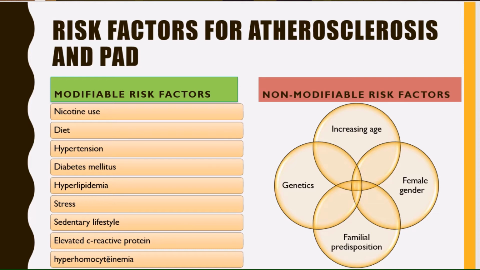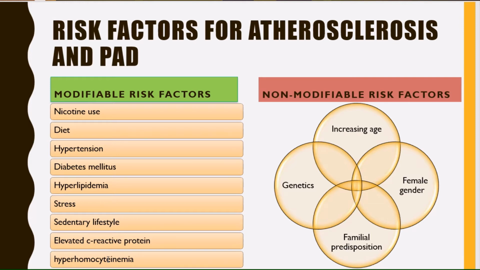With nicotine use, what the nicotine does is it causes vasospasm, and it constricts the blood vessel and decreases the circulation. We'll be reviewing the treatment, but at least know why nicotine use puts the patient at risk for having PAD.